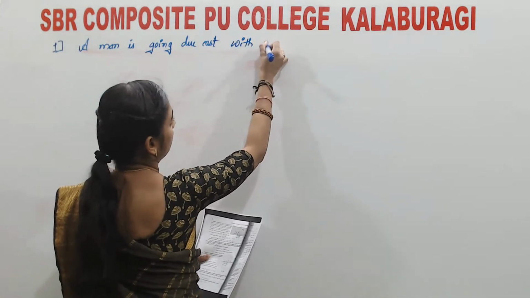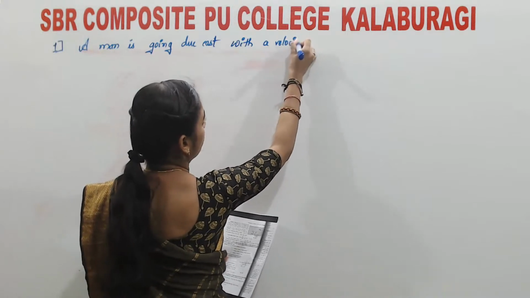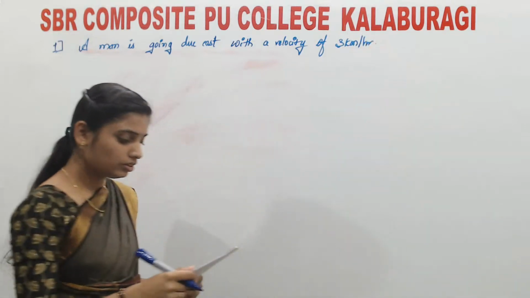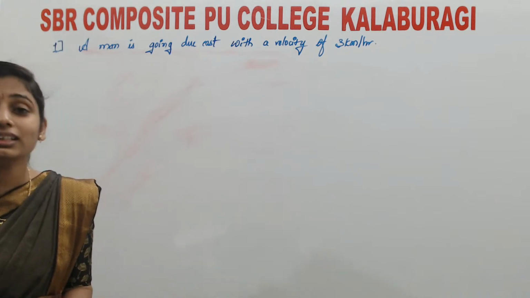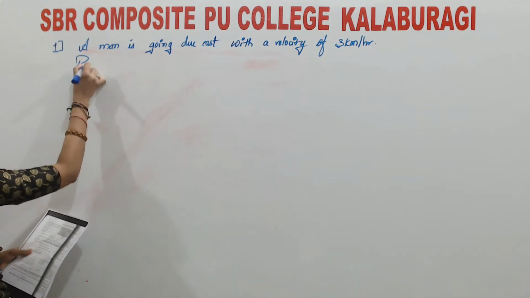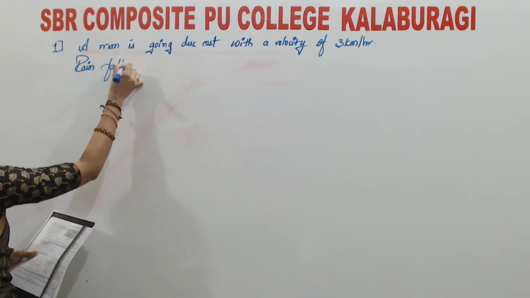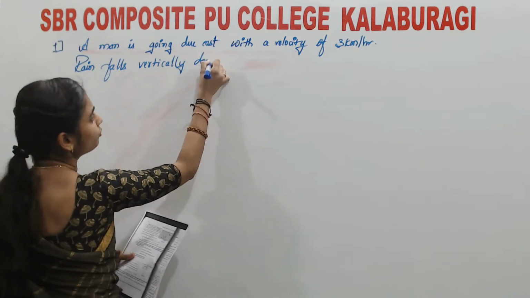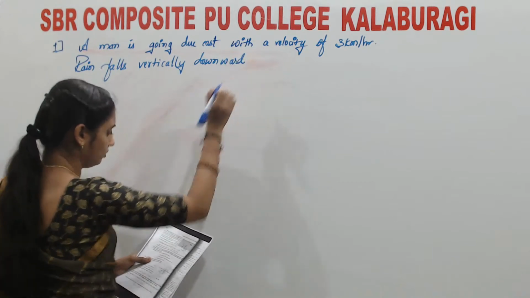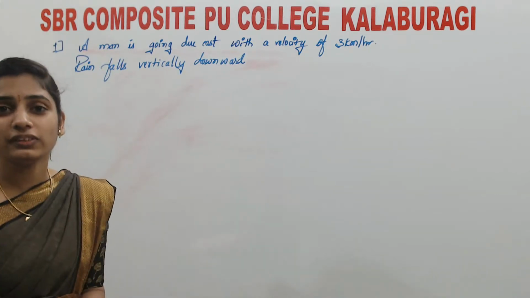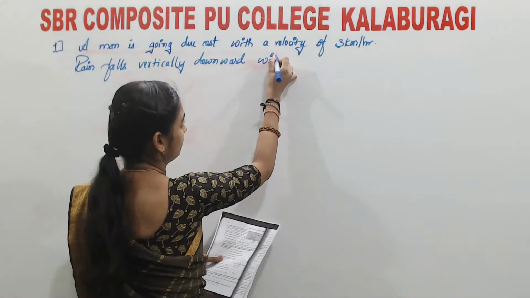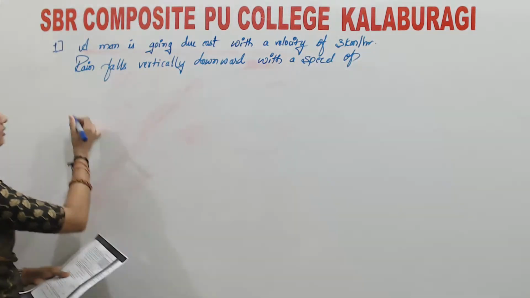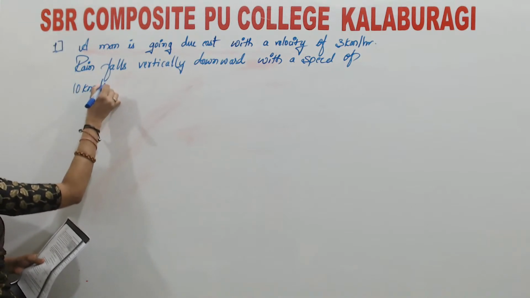Now rain falls vertically downward with a speed of 10 km per hour. Try to understand the question.